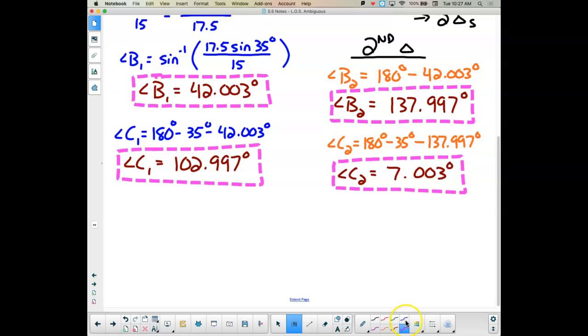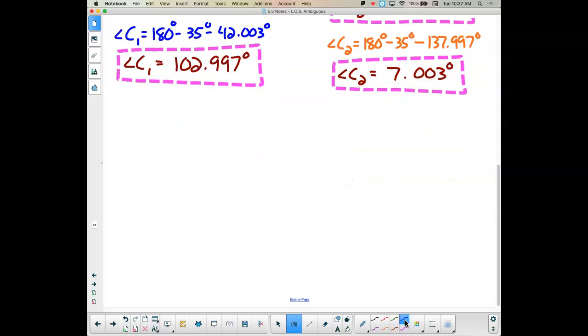And we got little c to solve for. Oops, can't go right to it. We gotta draw it out first. So the sine of 35 degrees all over 15 is going to be the sine of 102.997 all over C1.